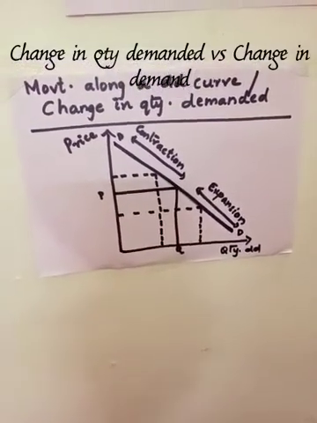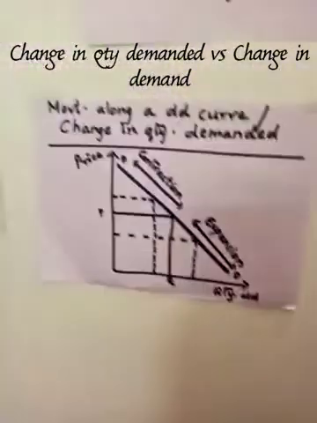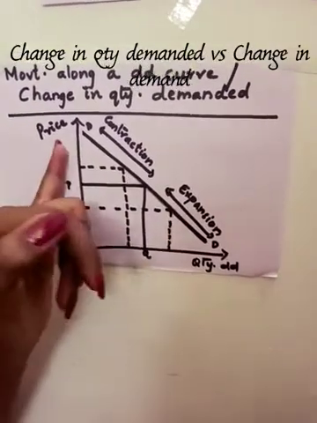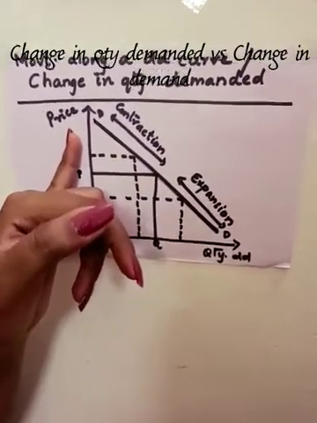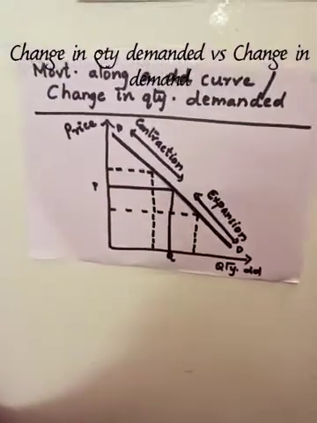As I told you when we discussed, movement along a demand curve we depict in a single diagram because only the price of the product changes. All other factors are remaining constant. So this is the remaining part of the law of demand.